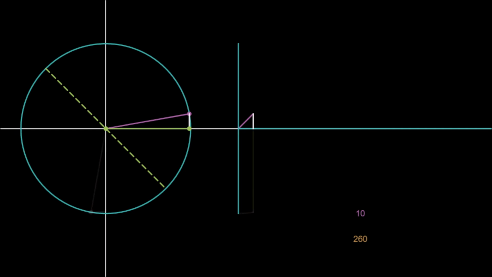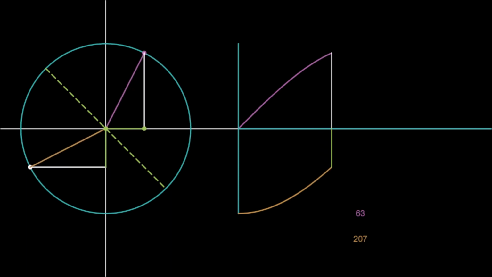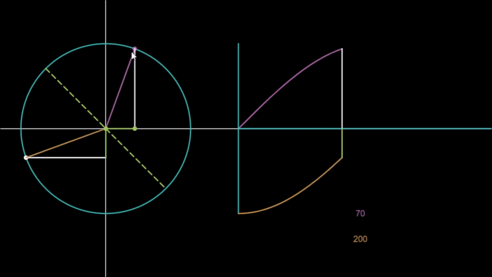And you can see it's actually going to go down to this point. So now the vertical height becomes the horizontal distance, and the horizontal distance becomes the vertical distance. And we're going to map out this new function. So if I move this along through each of the angles, you can see that we're going to generate the reflection from here to this point here, and this generates this new function.